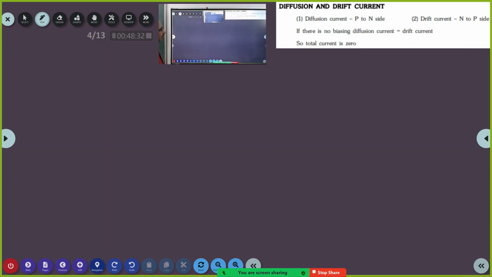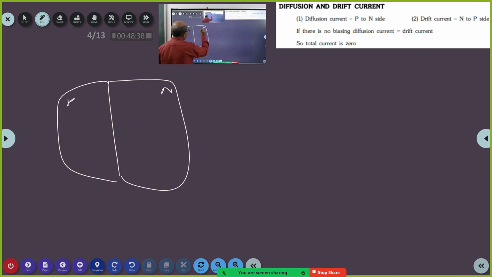Many wonderful graphs here. What I want to tell you is, now this is the P side and this is the N side. The current due to holes on the N side, and there is also current on the N side due to electrons. You understood this symbol?